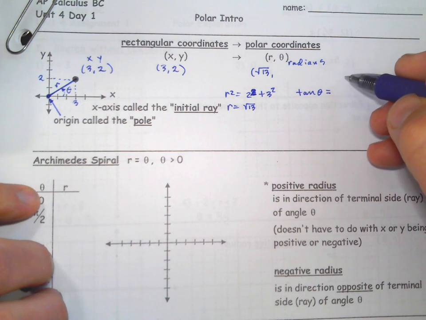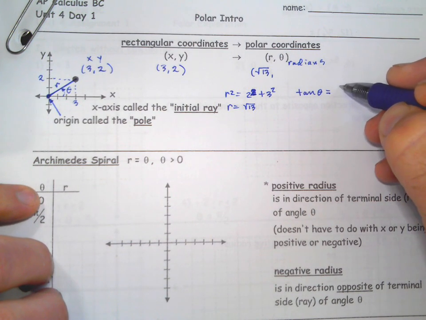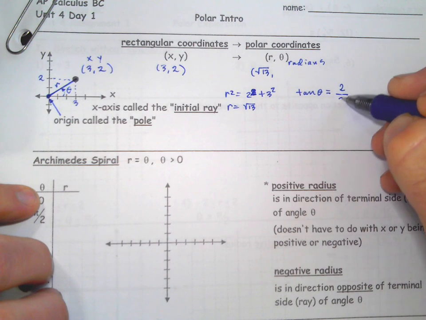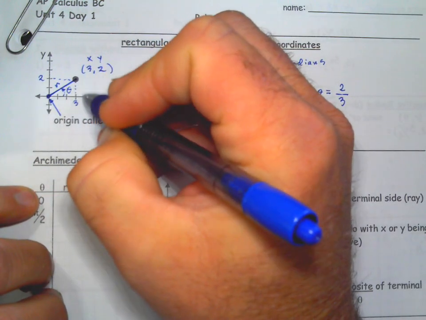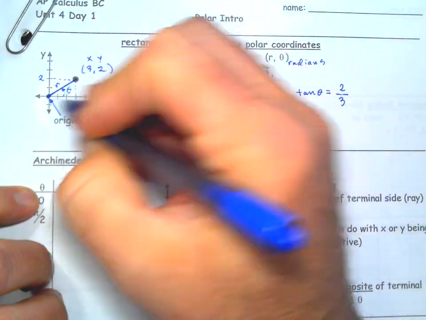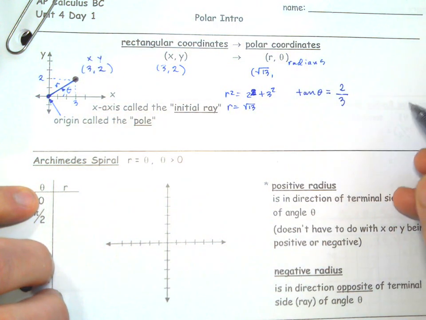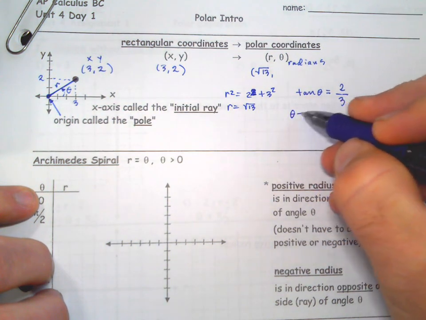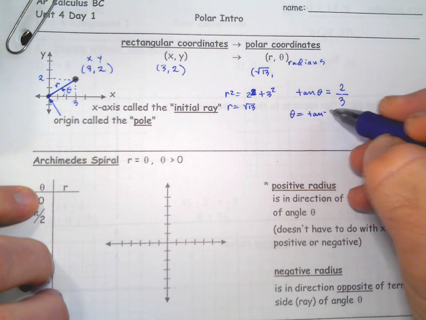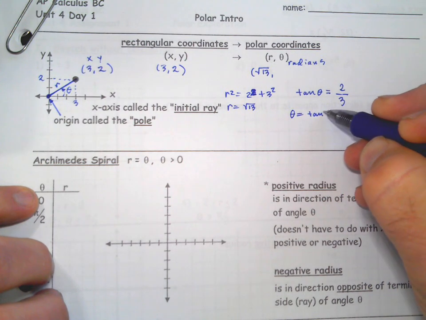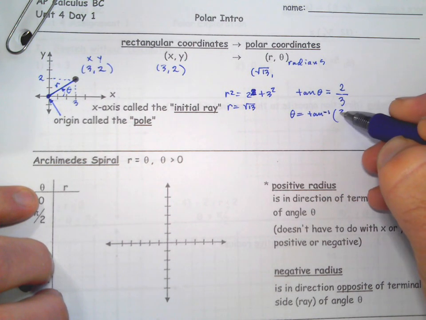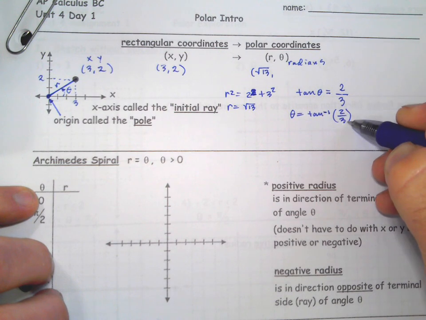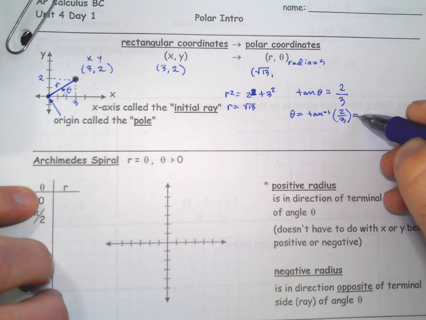I'm going to use tangent because opposite is 2 over adjacent is 3. Opposite is the y value, 2, over adjacent, the x value. Then we could use a calculator and take the inverse tangent of both sides.